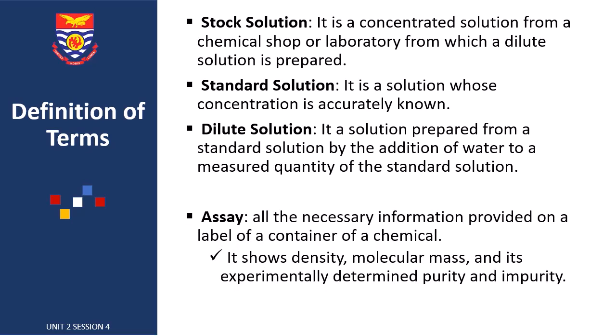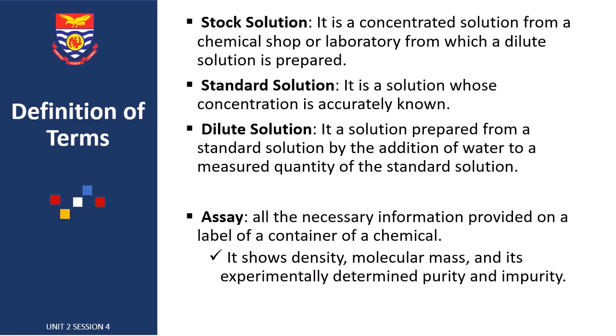The next one is assay. An assay refers to all the necessary information provided on a label of a container of a chemical. So when you pick the container of a chemical, you see that they have provided some information there, and that information is very important in knowing the concentration of the content of the bottle you are holding and some other properties.